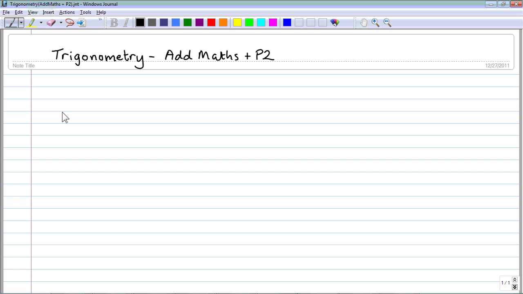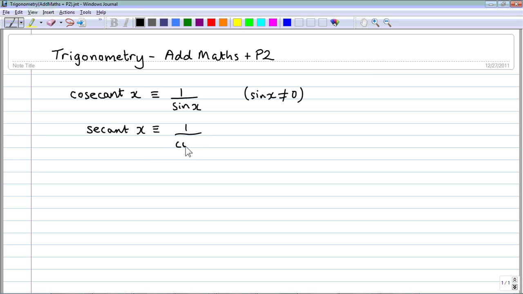first of all definitions. Cosecant x is defined to be 1 over sine x. Obviously sine x cannot be 0. Secant x is defined to be 1 over cosine x.